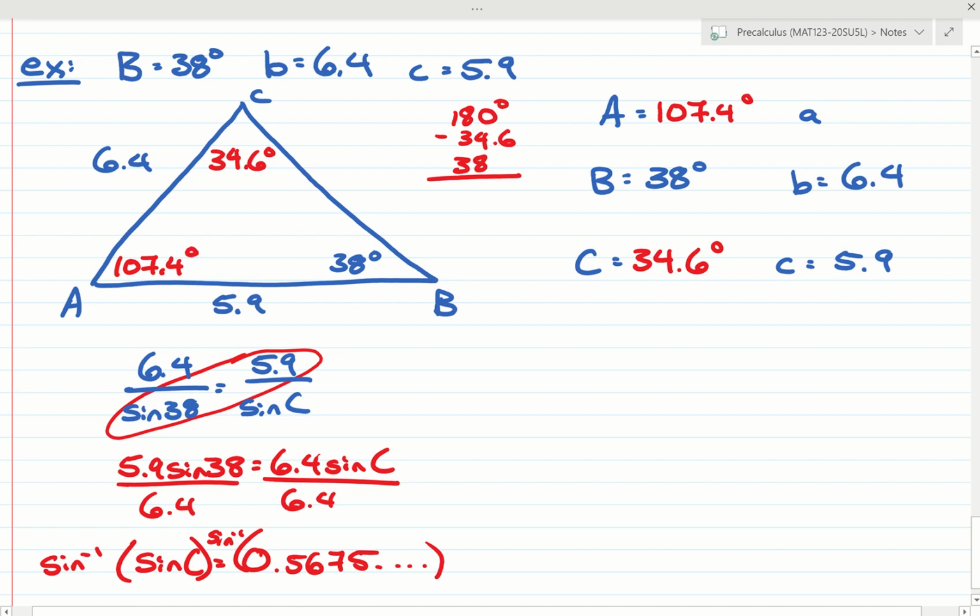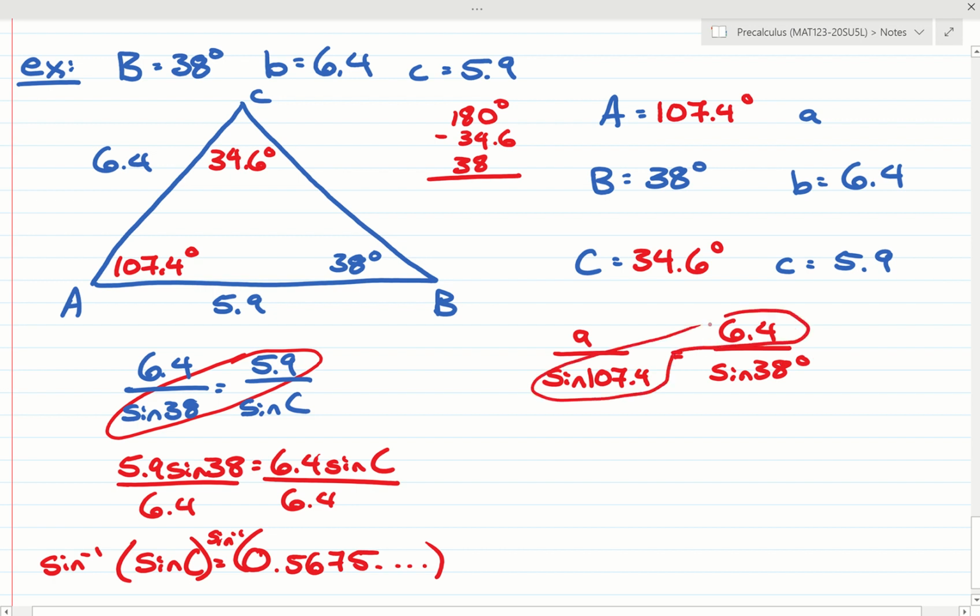And now let's find side A. So we're looking for side A over the sine of 107.4, and that's going to equal our original fraction that's not rounded, 6.4 over the sine of 38 degrees. So we get 6.4 times the sine of 107.4 is equal to A times the sine of 38 degrees.